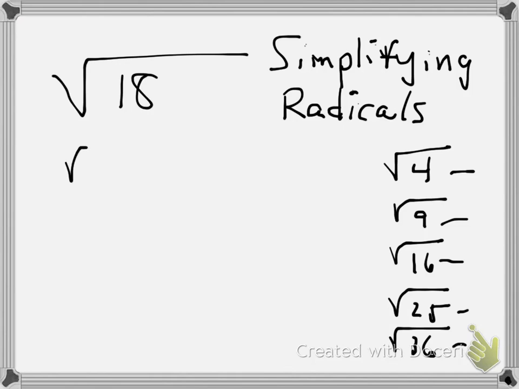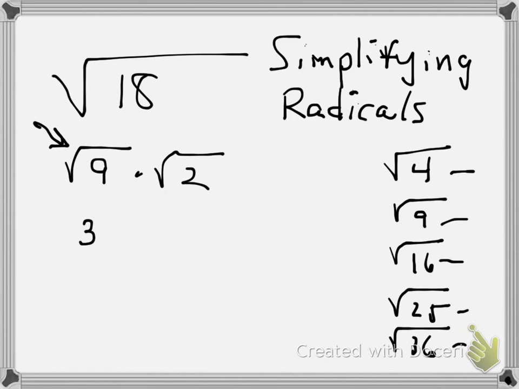I could say radical 9 times radical 2 gets me radical 18. Basically what I've done here is I've pulled out this perfect square factor right here. Now I find the square root of 9, which is 3. I look at my other one, radical 2.